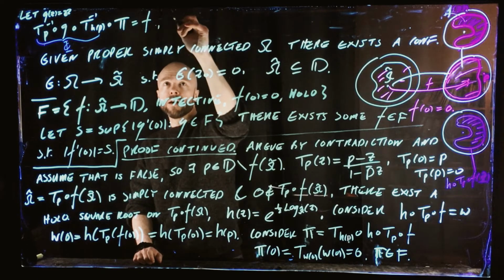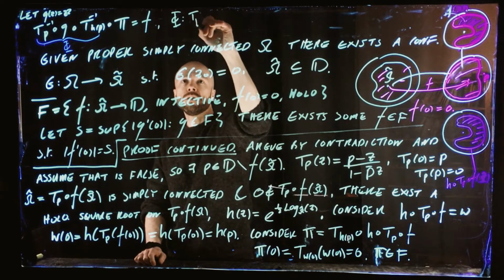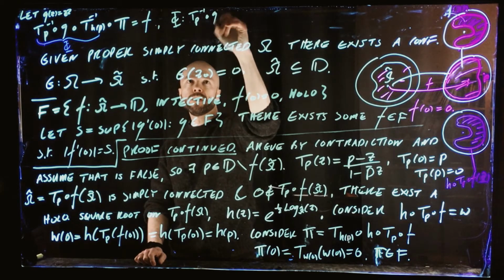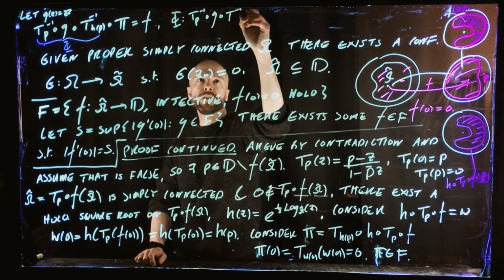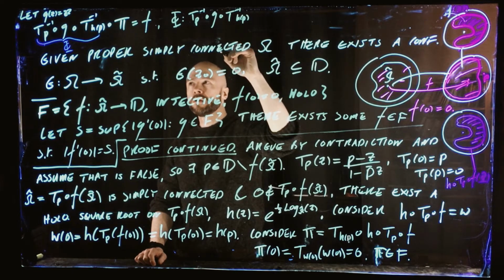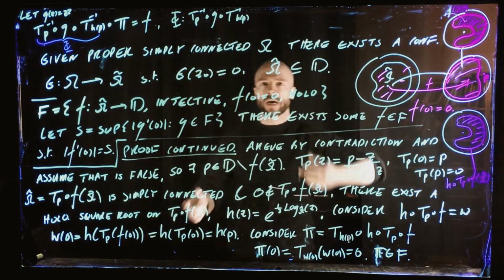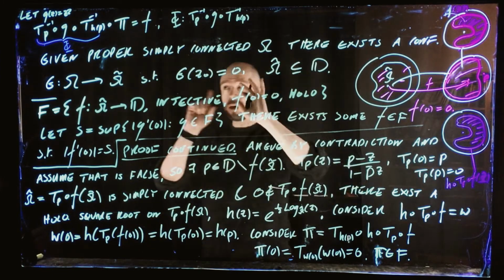Then what do we have? We have that phi is defined to be equal to t of p to the minus 1, composed with g, composed with t to the minus 1 of h of p, like this. Cool. And this thing, considered as itself, is indeed a mapping of the unit disk to the unit disk, okay?